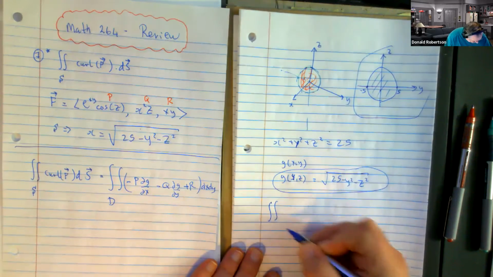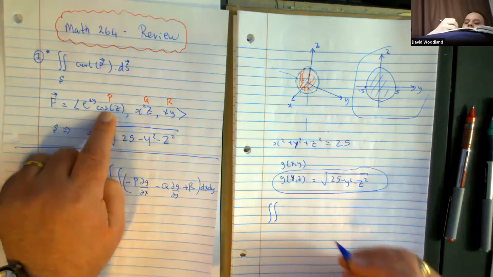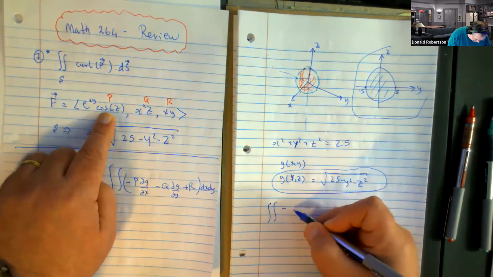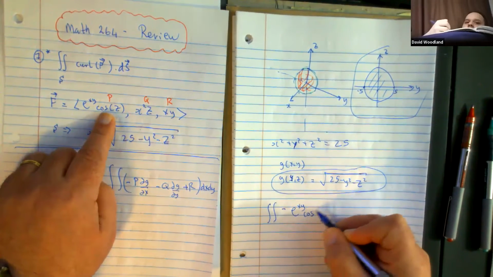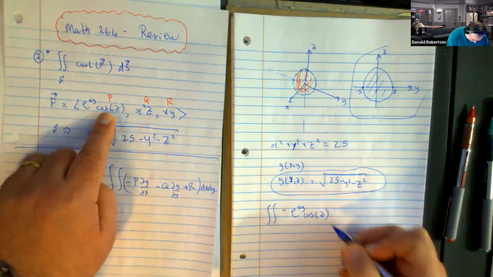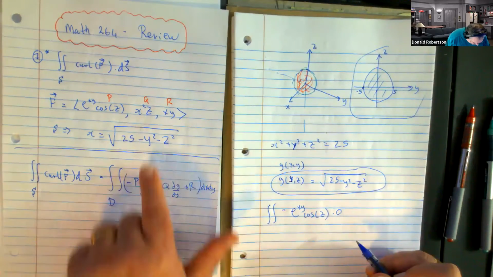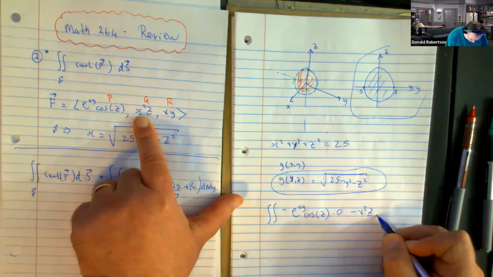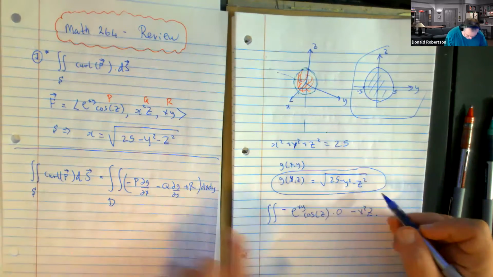If you take this fella, which is negative e to the xy cosine z, and you differentiate it with respect to x, you get nothing, which is good news. You then take this guy and you differentiate this guy with respect to y.